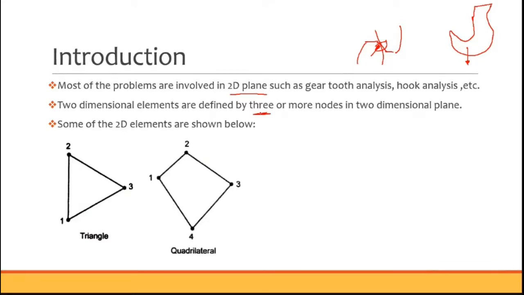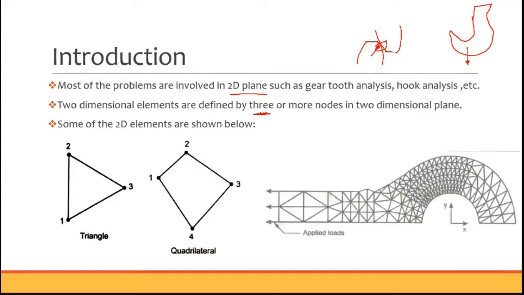This is a quadrilateral element, which has 4 nodes. Of course, you can also include a few more nodes here, which will be a different type of approach. This one is a linear element. When I include one more nodal point in between, we call that a cubic element, or something like that.